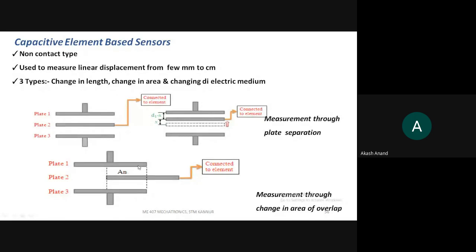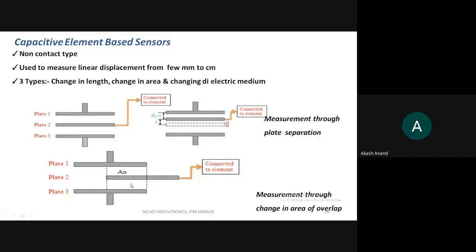Okay. So next is change in area. You can see in the third diagram, this plate, actually the second plate. For ease of understanding, you can simply ignore the third plate and consider only the first and second plate. So when you consider the first and second plate, you can see that only this region is acting as a capacitor. The rest of the region is not acting as a capacitor.